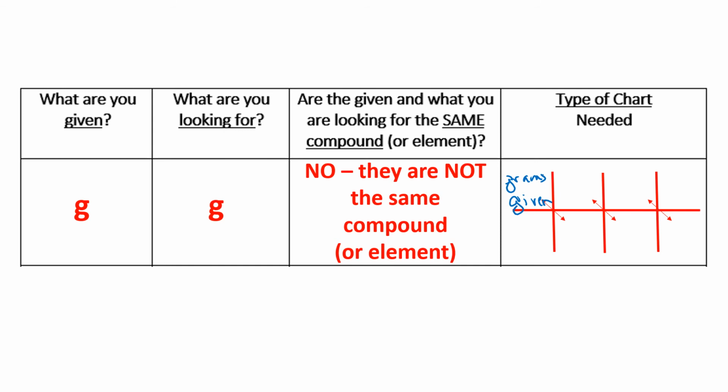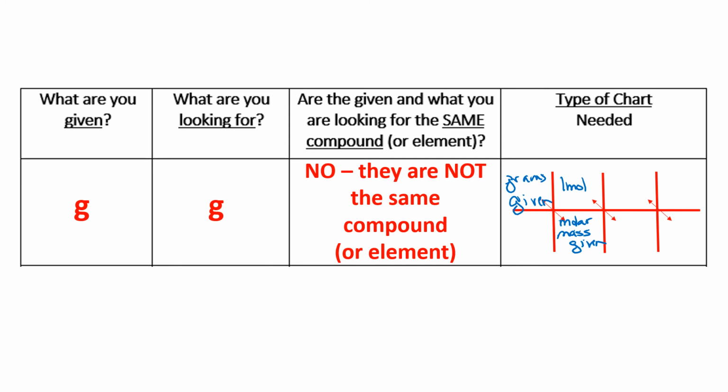So we start with the molar mass of given, 1 mole. Now I have to convert moles to moles, because the only ratio that I really have in all of this is the number of moles to the number of moles.